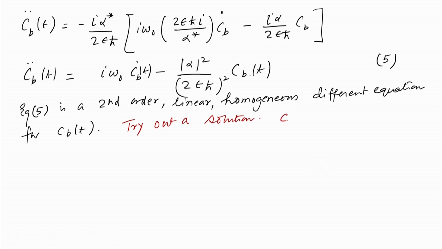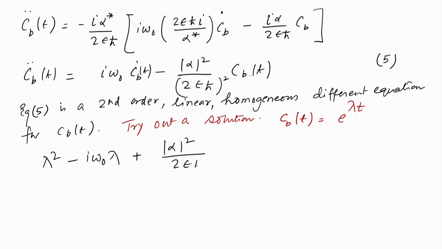This is C_b of t, which is equal to exponential lambda t, and if one tries out a solution like that, one gets an equation in terms of lambda. This is just put into equation 4 and equation 5, and this is equal to plus alpha square divided by 2 epsilon h cross square equal to 0. So, that is the equation which was in terms of C_b double dot, C_b dot and C_b.